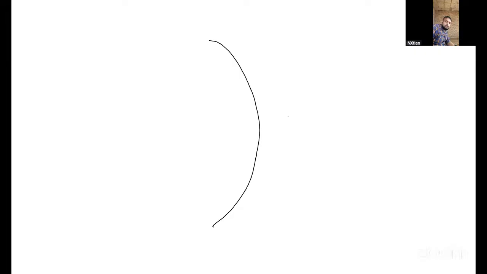Everyone give input. Convex. So Ira says convex.